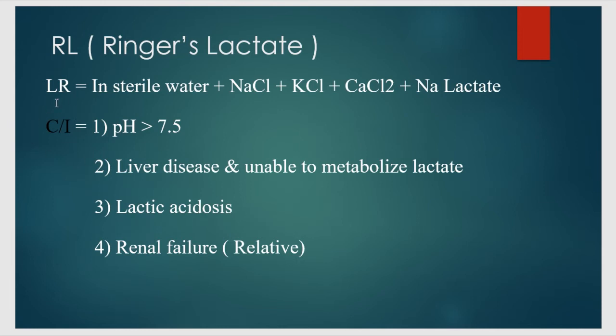Okay, the contraindication of using this Ringer's lactate is whenever the patient is in metabolic alkalosis, right? pH is more than 7.5, or respiratory alkalosis. So whenever pH of the patient is more than 7.5 on ABG, arterial blood gas analysis, we'll discuss this ABG in some other video, don't use Ringer's lactate. Then any patient suffering from liver disease, and if that patient cannot metabolize lactate, avoid this.